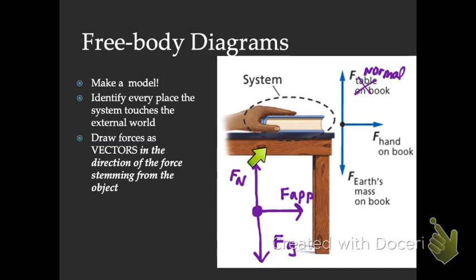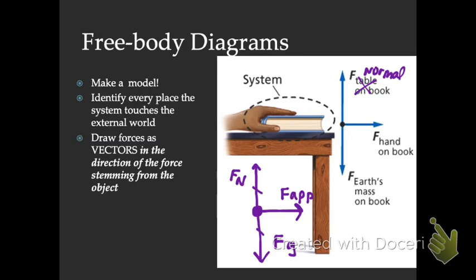The only place it's moving is to the right. So in your diagrams, you could start putting a little congruency sign in there to show that these two forces are equal to one another.